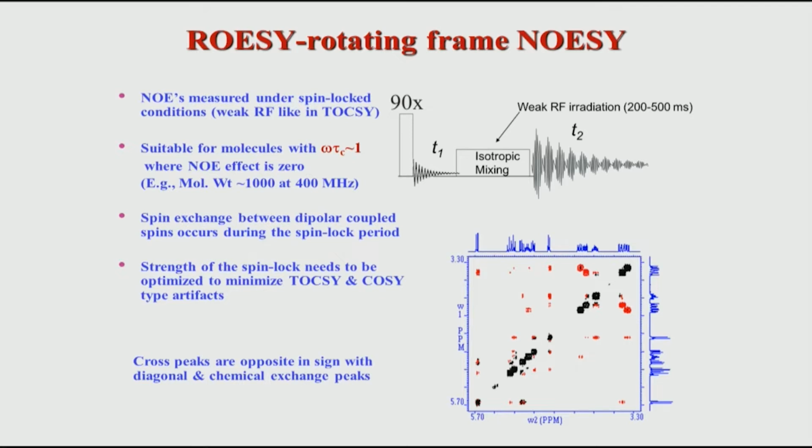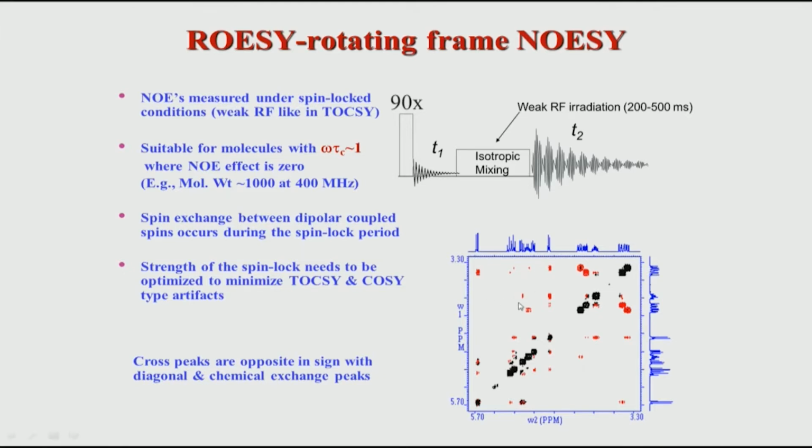If the mixing time is not chosen appropriately, I may end up with this kind of artifact. So, in NOESY there is no way to say whether a given peak is a direct NOE peak because of a distance of less than 6 angstroms or whether it is coming from spin diffusion. It is very difficult to say, unless of course one option is to vary the mixing time. Let us say you record your spectrum at different mixing times.